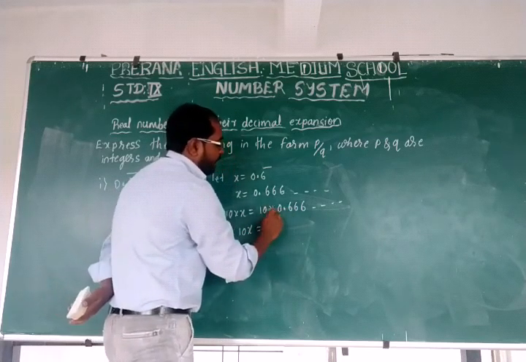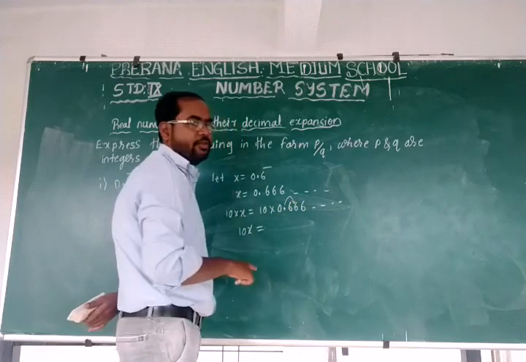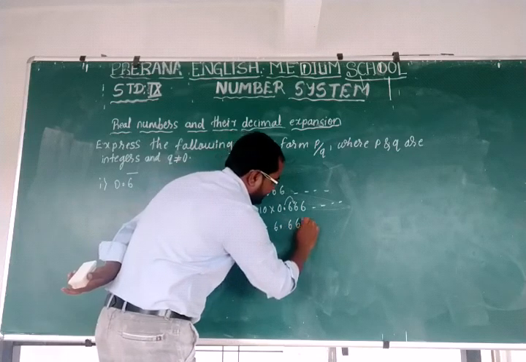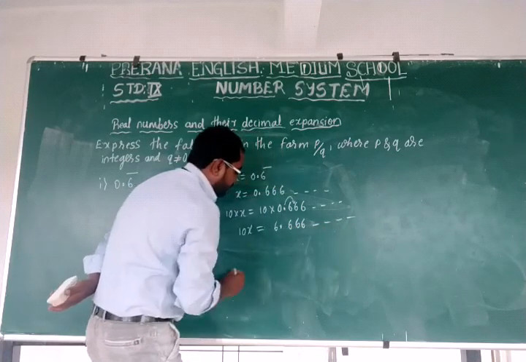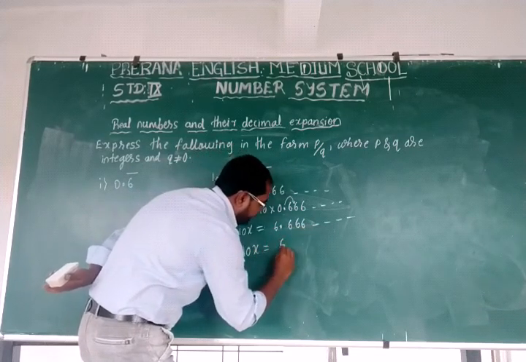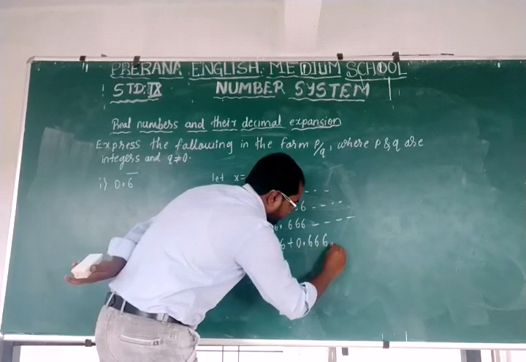When you multiply by 10, the point will move one step forward. That will become 6.666, and so on. So now we will write it as 10 into x, and this one we will write as 6 plus 0.666, and so on.